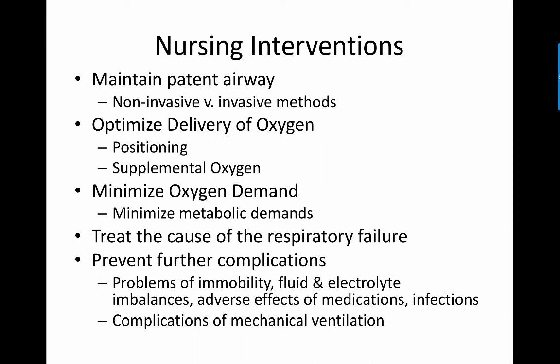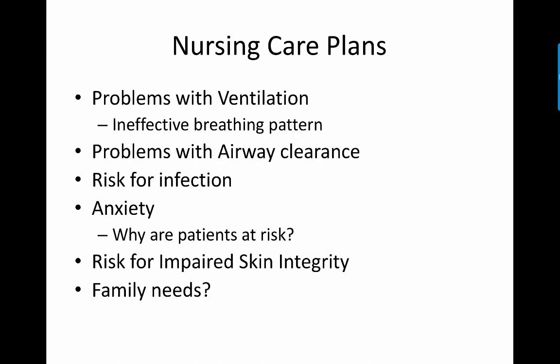And sometimes you have to do a lot of these things at the same time. So our general nursing care really comes into play looking at problems with ventilation, problems with airway clearance as well, right? So if you're looking at what your outcomes would be, think about what would you want to see in the patient, right?